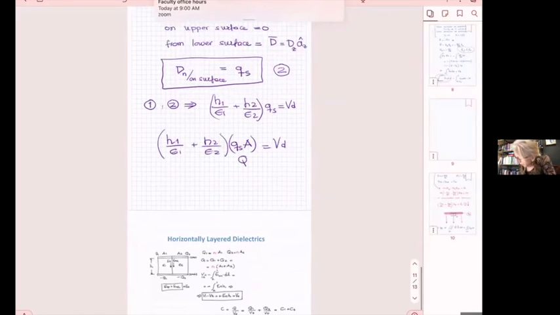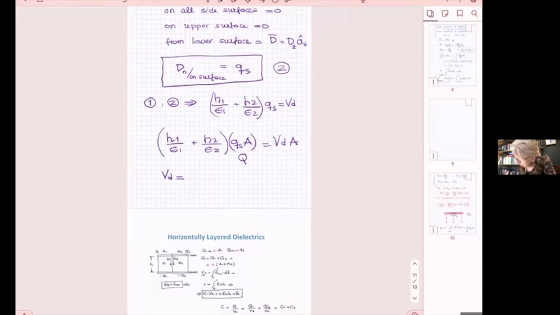So now I have the following, that V sub D is nothing else but Q, and then I have 1 over A, I multiplied already both sides, so then I have Q over A, H1 over epsilon 1 plus H2 over epsilon 2.